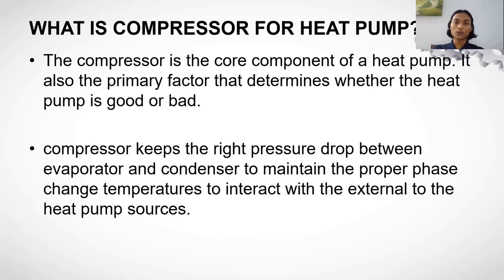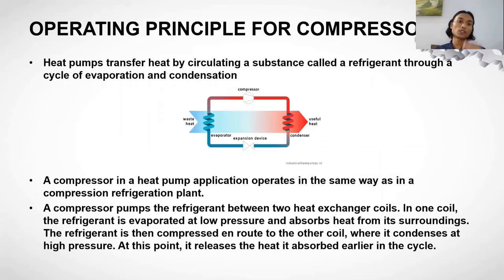Okay, let's move to our next slide. The operating principle of the heat pump is that it transfers heat by circulating a substance called a refrigerant through a cycle of evaporation and condensation. A compressor pumps the refrigerant between two heat exchanger coils.